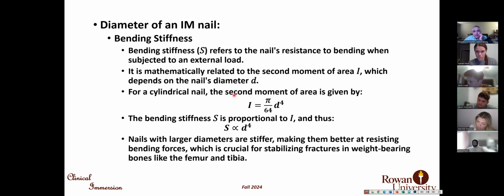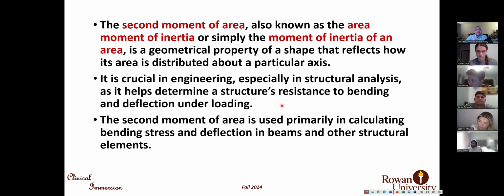So you see, it is related directly to the diameter. But there is a concept called second moment of area, or area moment of inertia, or moment of inertia of an area. All of them are names for one thing.